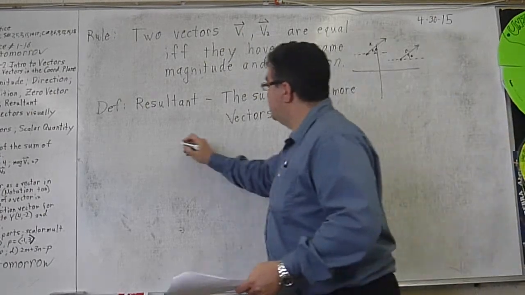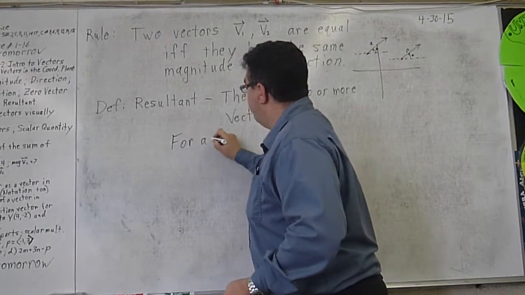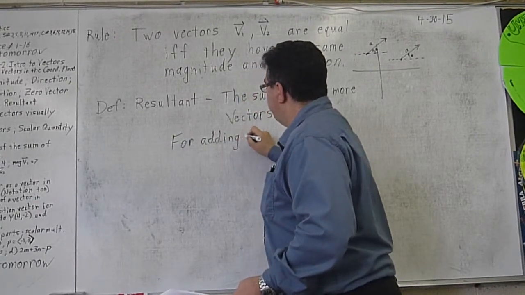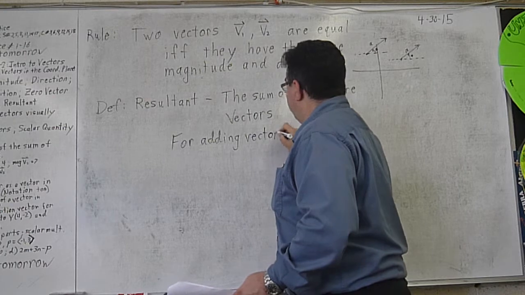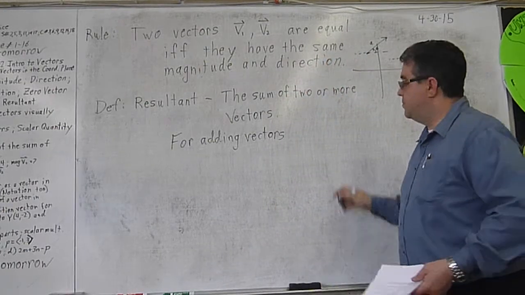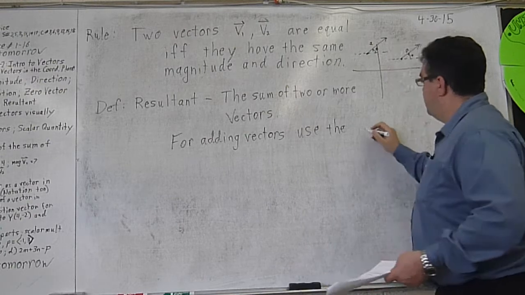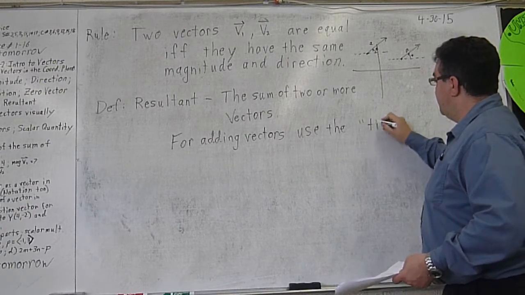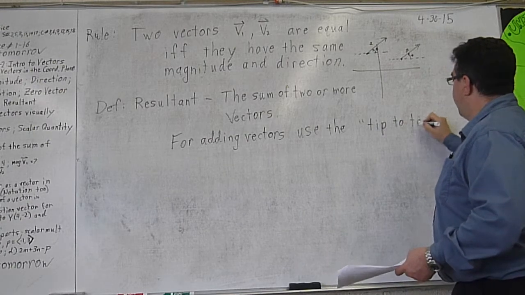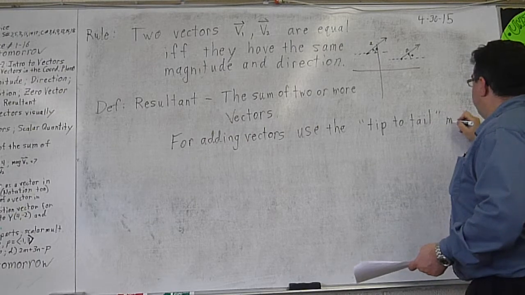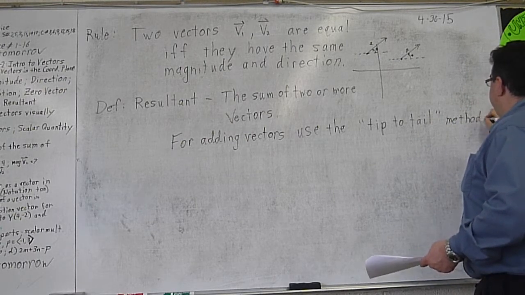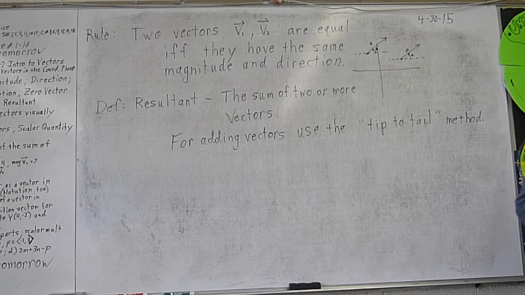For adding vectors, use the tip to tail method. Because you can pick up vectors and put them wherever you want, you can use this method.